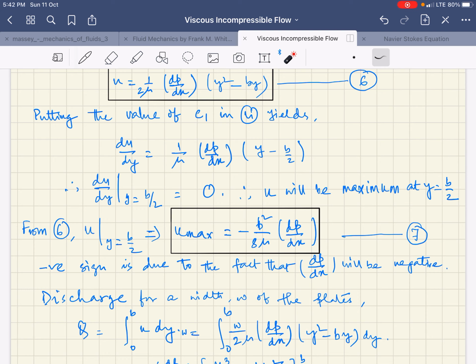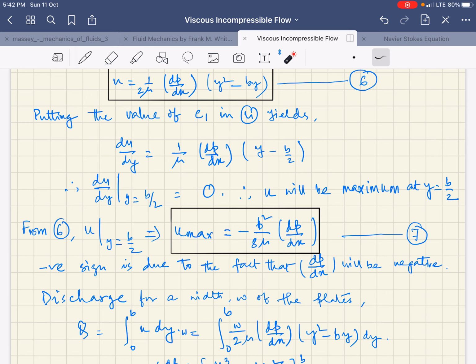Now one thing you can see here is that it is negative. Why this negative sign? That is because of this dp dx term. If you find it out, you will see that it is negative because the pressure falls in the direction of the flow.